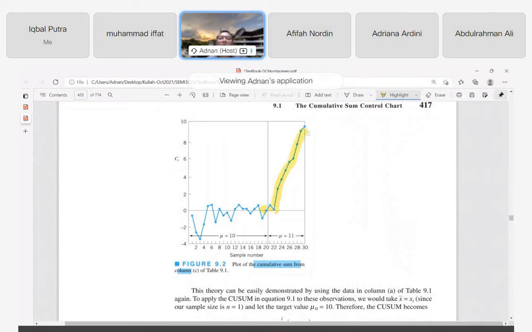This is very important when we select what type of chart to use. The X chart cannot detect this, but CUSUM is able to detect it.